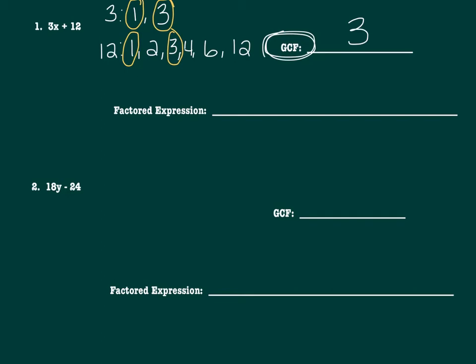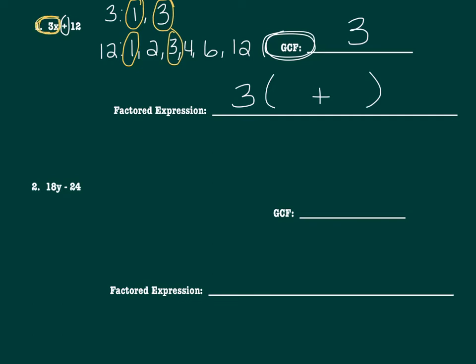So now to write our factored expression, we're simply going to take that greatest common factor and write it outside, and now I have to figure out what goes inside my parentheses here. So you always keep the same operation. So since I was adding, I'm still going to add inside those parentheses. And now I simply divide to figure out what numbers stay in. So I'm going to take 3x, my first term.